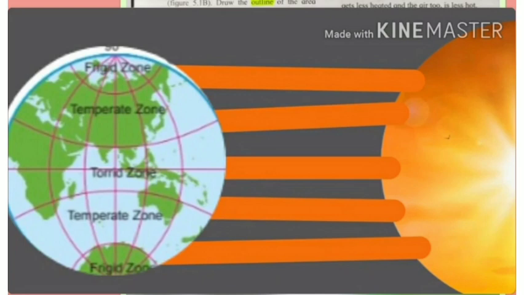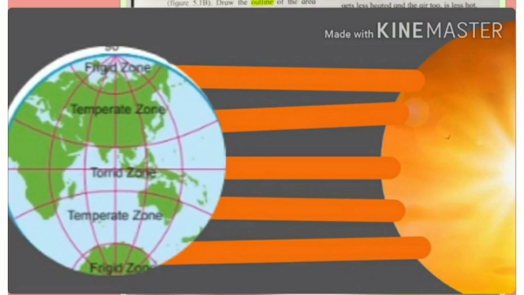I think this is quite clear to you all. You can refer to page number 24, and please draw the diagram in your classwork notebook so that you remember these zones properly, because the further study is going to be based on this.